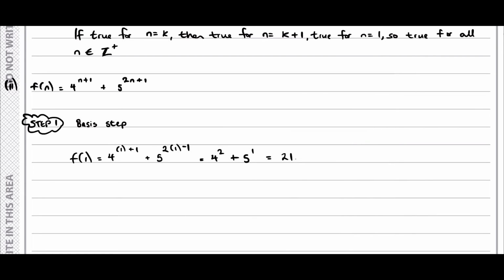And therefore, we see that 21 is divisible by 21, and therefore the statement is true when n equals 1. So the statement is true when n equals 1. Step 2.